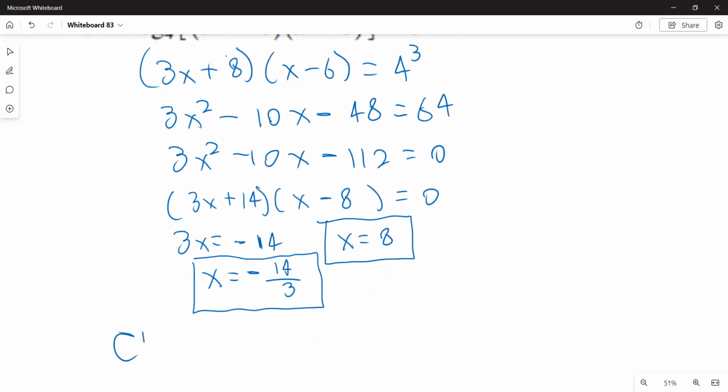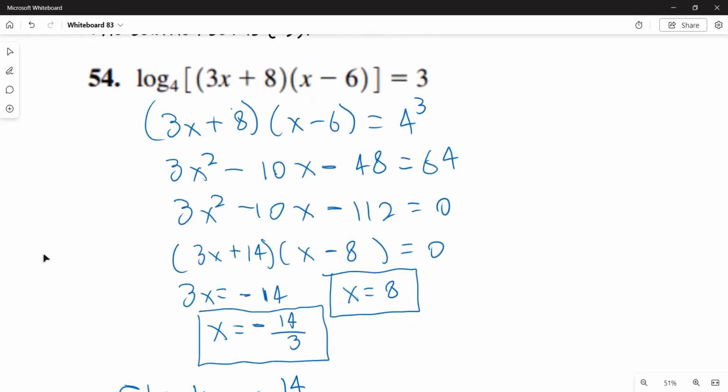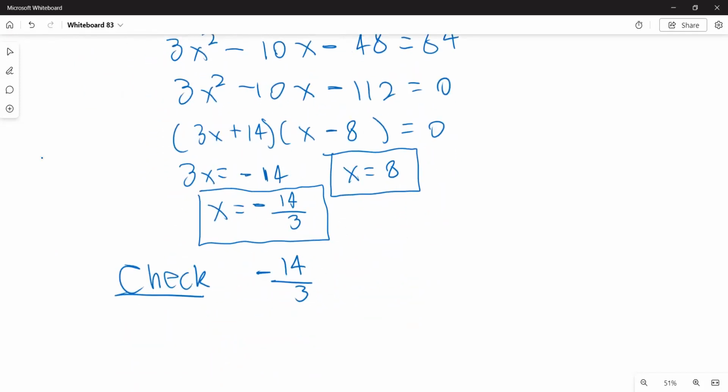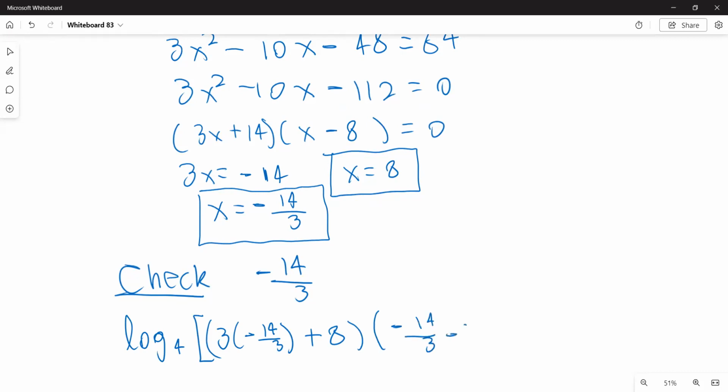So I'm going to start by checking the more difficult one. This is logarithm with base 4 of 3 times negative 14 over 3 plus 8, times negative 14 over 3 minus 6, equals 3.